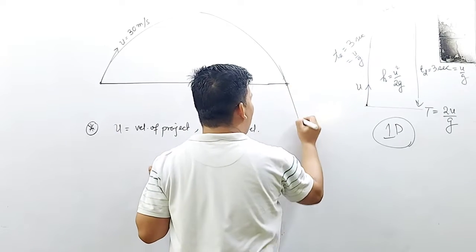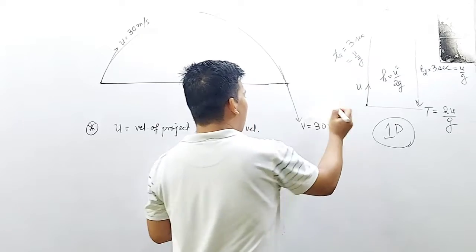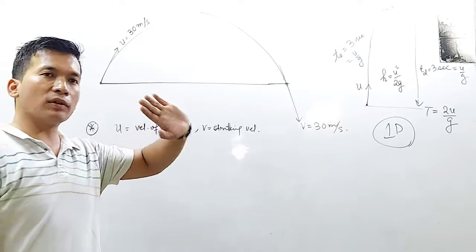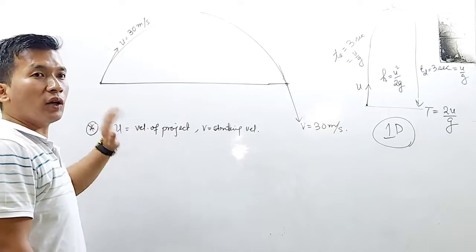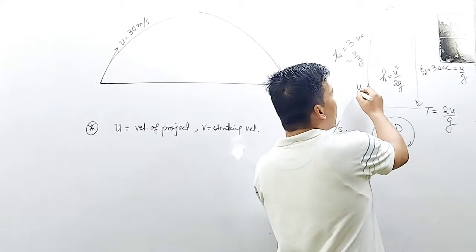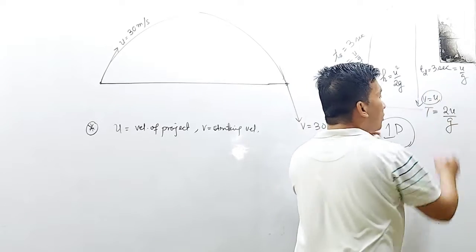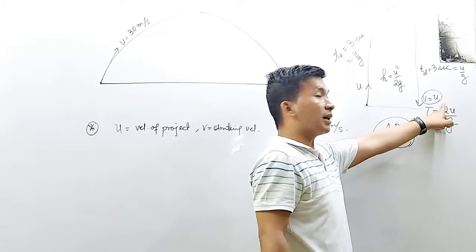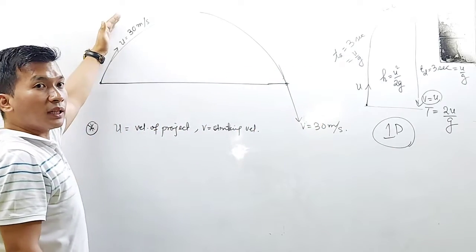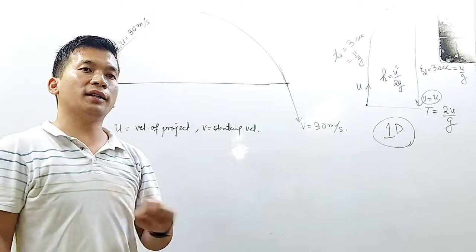Velocity in terms of magnitude only, v will be equal to 30 meter per second, without considering direction. u is the velocity of projection, and v is the velocity with which it will return back to the surface of the earth. Concept number 1: in terms of magnitude, u will be equal to v.